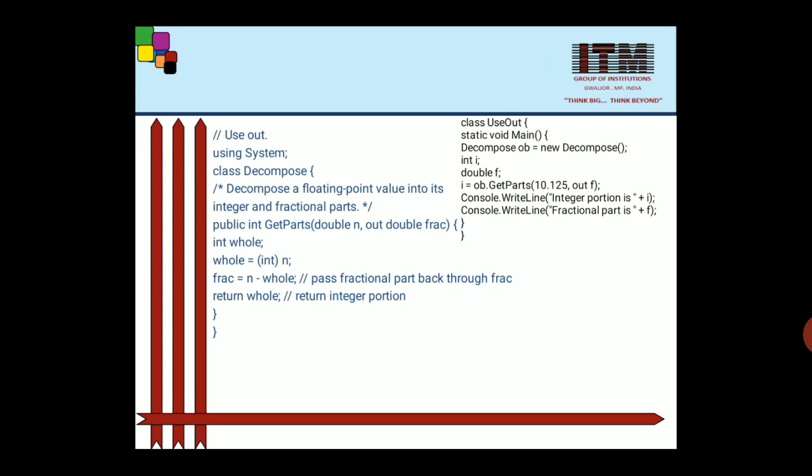An out parameter is similar to a ref parameter with this one exception: it can only be used to pass a value out of a method. It is not necessary to give the variable used as an out parameter an initial value prior to calling the method. The method will give the variable a value.